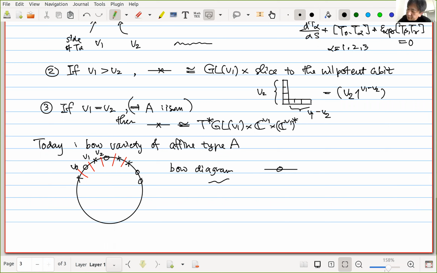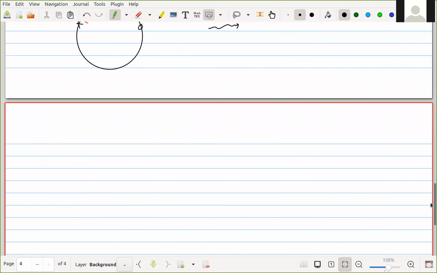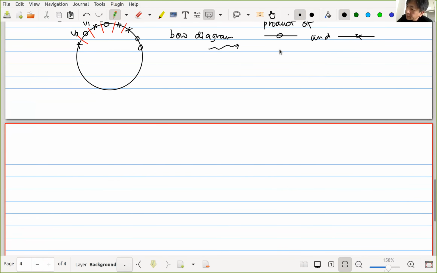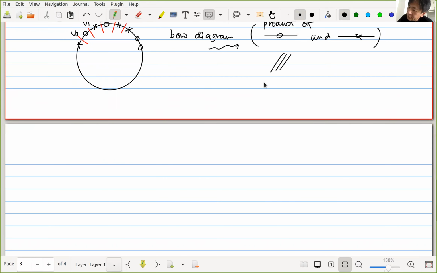From the bow diagram, I consider the product of these, and then take the Hamiltonian reduction by the product of G. Okay, so this is the definition of the variety.